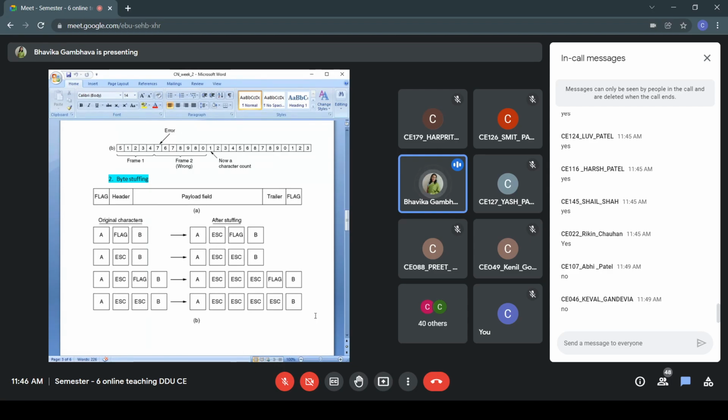Okay. So here, can you think of any problem? Will it work in all circumstances, or in some circumstances it might fail? Is it a foolproof method which will address most of the circumstances? Like if your flag byte changes to something else, then after some time, two flag bytes will come together, one for the end of frame X and one for the beginning of frame X plus 1.